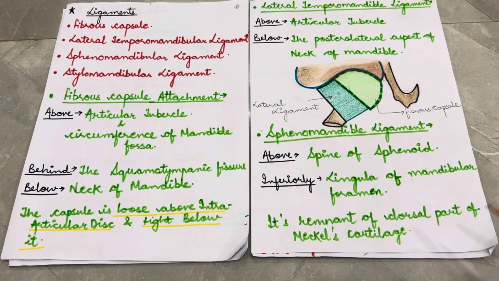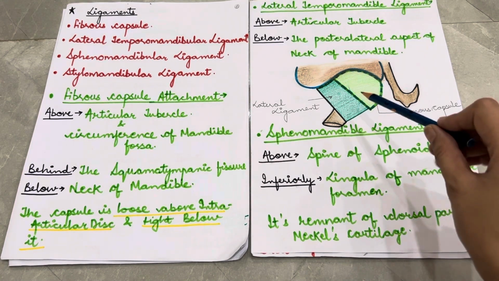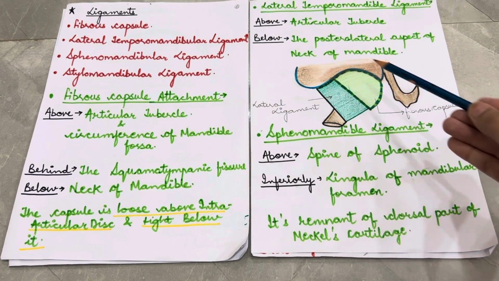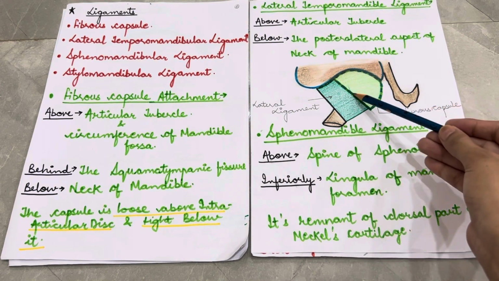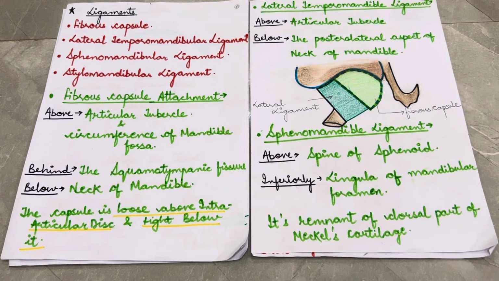The capsule is loose above the intra-articular disc and tight below it. This capsule covers the intra-articular disc; above the disc it is loose, and behind and below the disc it is tight in structure.